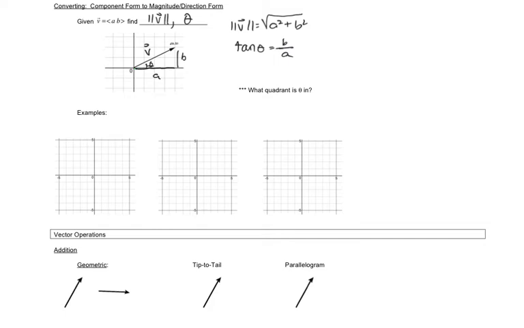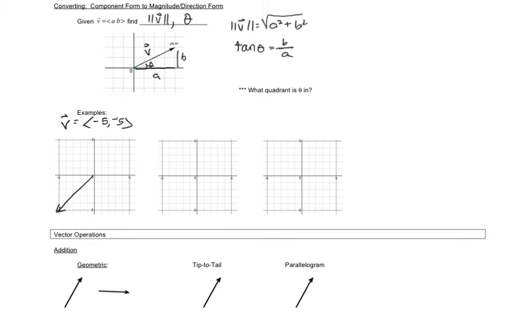Okay, so suppose I gave you the vector v equals negative 5, negative 5. So that would look like this. That's my vector.